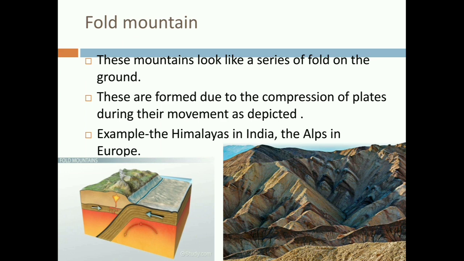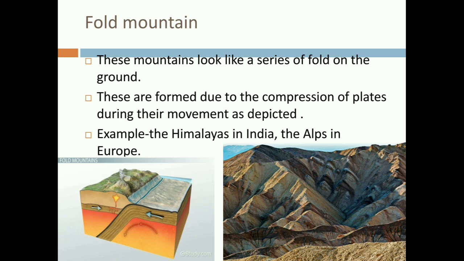Fold mountain. These mountains look like a series of folds on the ground. These are formed due to the compression of plates during their movements as depicted in the sketch below. Spread a sheet of cloth on the table and then push the sheet from one side.